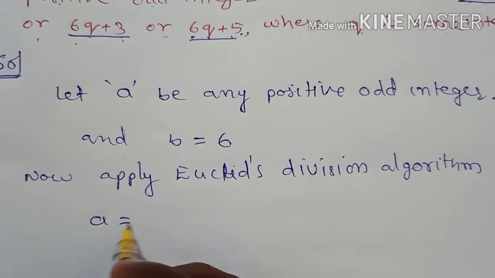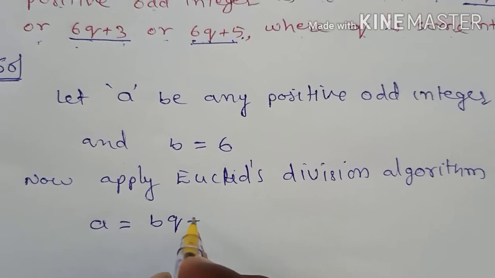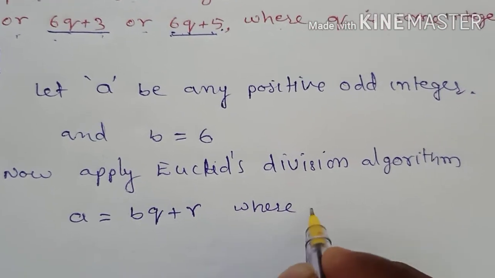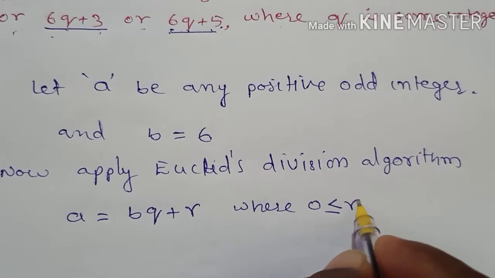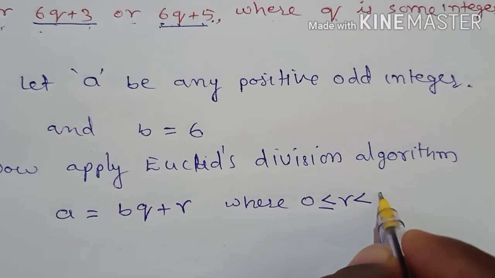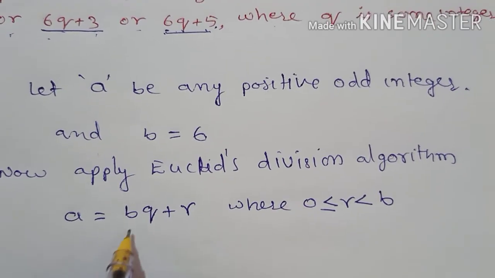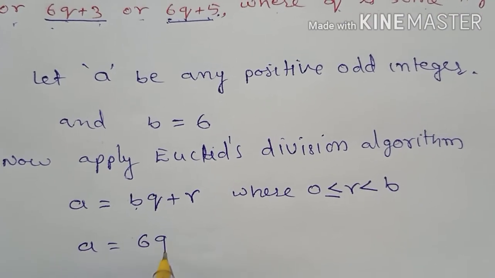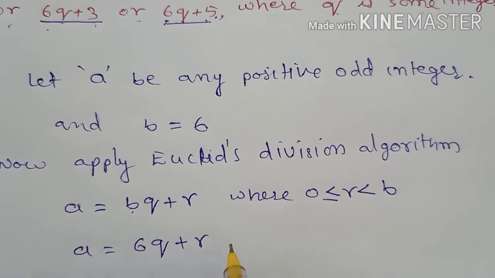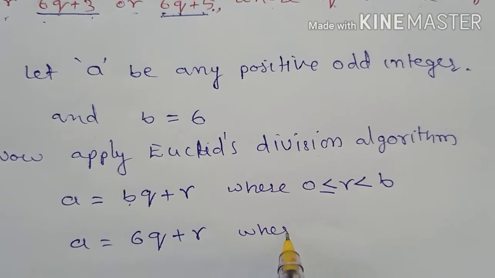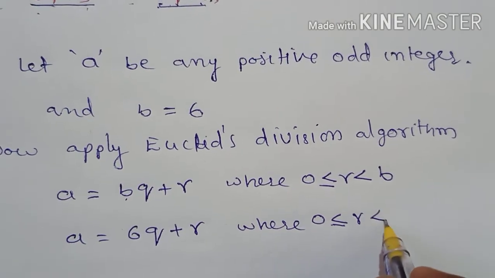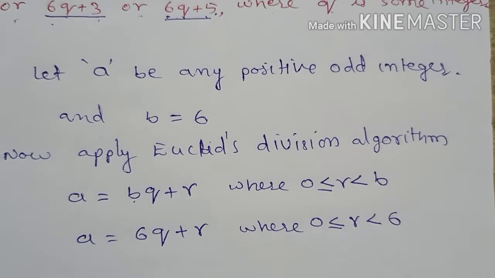Division lemma: a is equal to bq plus r, where 0 is less than or equal to r, which is less than b. So where b is equal to 6, apply it: a is equal to 6q plus r, where 0 is less than or equal to r, which is less than 6.